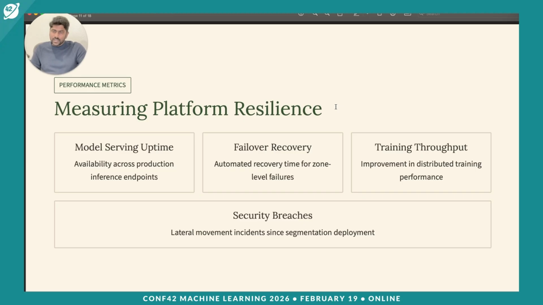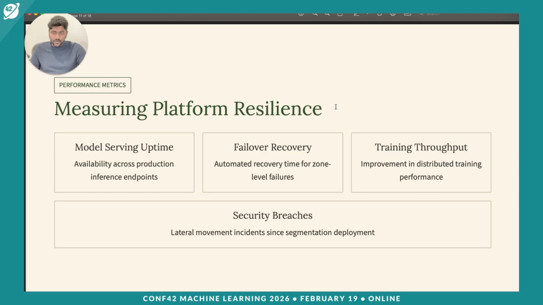And model serving uptime, which provides the uptimes of all the assets in the production infrastructure, availability of inference endpoints, failover recovery if there are any use case scenarios in the production systems, and automated recovery time from zone level failures.